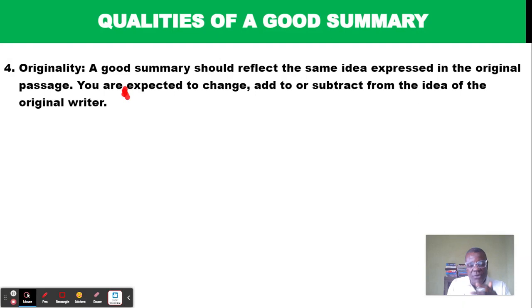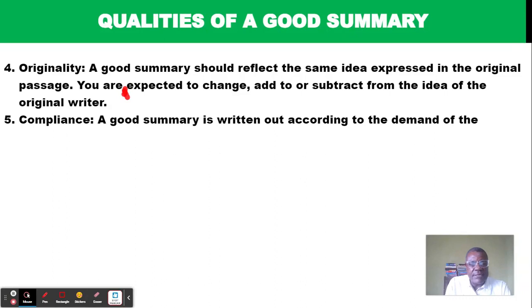In fact, it's one of the don'ts, one of the things you don't do. You are not expected to bring in any idea from outside the passage, neither are you expected to remove any idea, okay? So you are to present the original ideas of the writer, but you have to present them in your own words, not copying word for word.